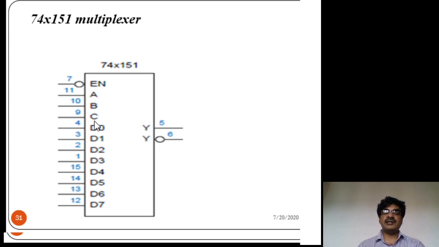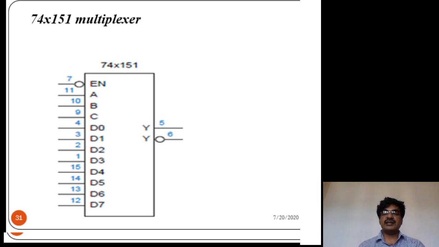A, B, C are the select lines, 3 select lines in the 8x1 case. Then the 8 data inputs are D0 to D7. In this IC, the output is available in both true form and complement form. This is the true output and this is the complement output.